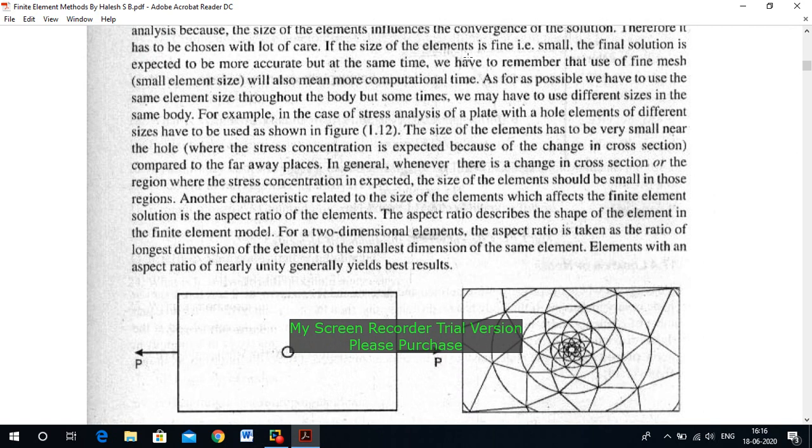If you keep on dividing the given whole geometry into small regions, the accuracy of the solution you are obtaining is high, and we will finally get the exact solution after dividing the complex geometry into smaller regions.